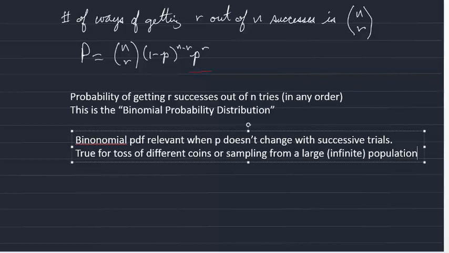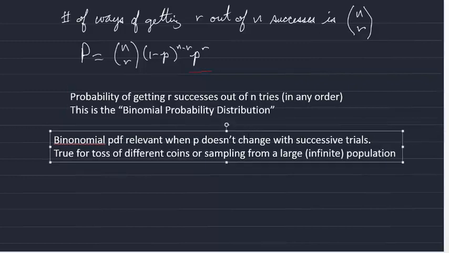If we're sampling different objects, each successive sampling doesn't change what's left in the population because the population is so large. So this is where the binomial distribution matters.